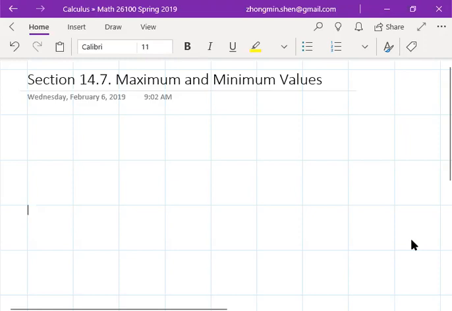The second part of the lecture is about absolute maximum and minimum values. This is very similar to the section on optimization in Math 165, I think.